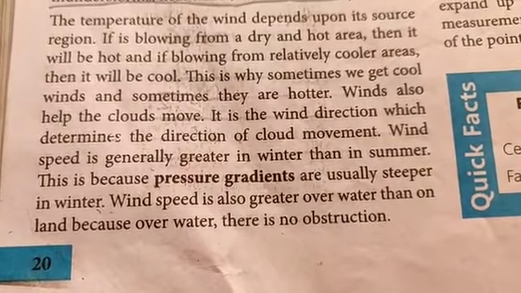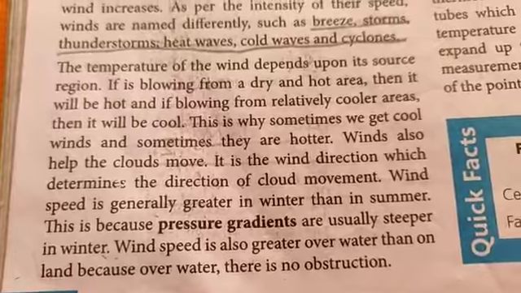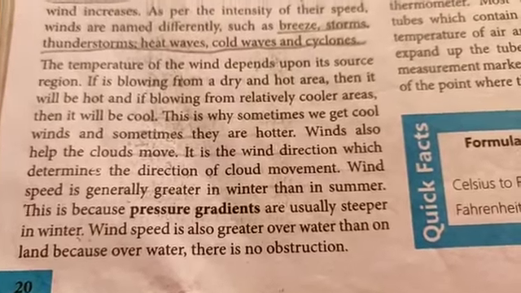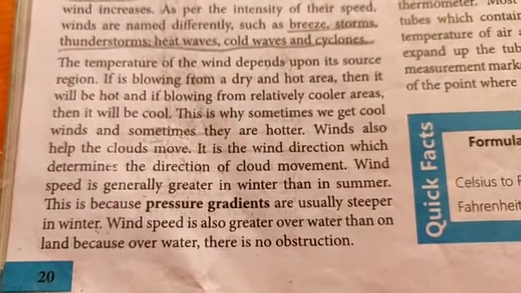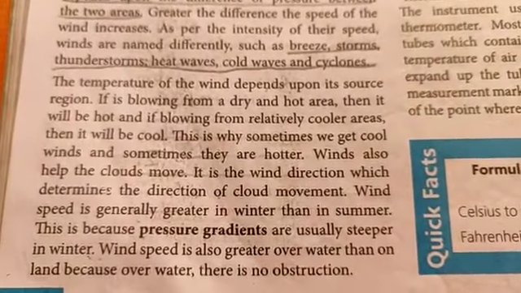Wind speed is also greater over water than on land, because over water there is no obstruction. So the kind of windstorms that you get on and around both the poles, the North Pole and the South Pole, the desert areas, and areas which do not have any vegetation at all, there you will find the wind speed is very great, because there is no obstruction of huge trees.